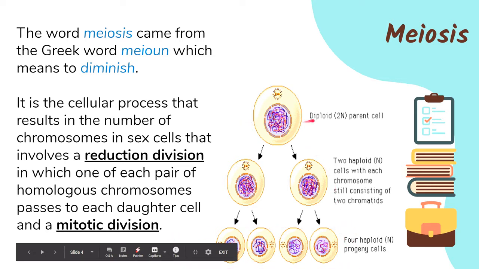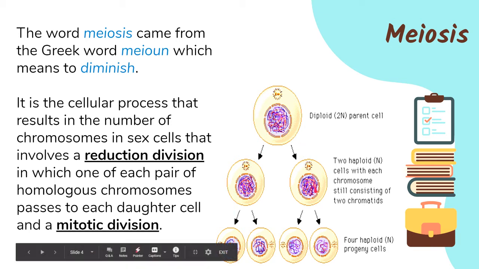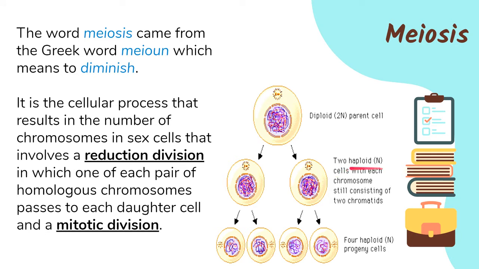So you can see here a diploid parent cell. When we say diploid, 2N, it has two copies of the chromosome set. N here represents the chromosome set of the parent cell. So it has two copies. But right after the first cell division, the first reduction division, there are now two haploid cells.